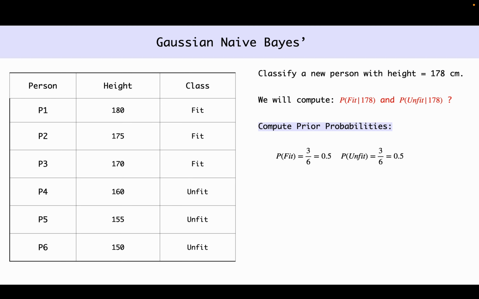Likelihood probabilities we can know only when we know the Gaussian distribution. We don't have any details regarding the distribution except these few samples. There are two classes, the fit class and the unfit class. In Gaussian naive Bayes, we assume that both of them come from a Gaussian distribution.